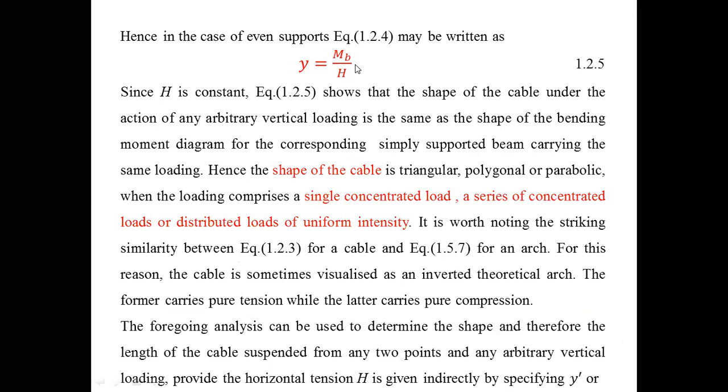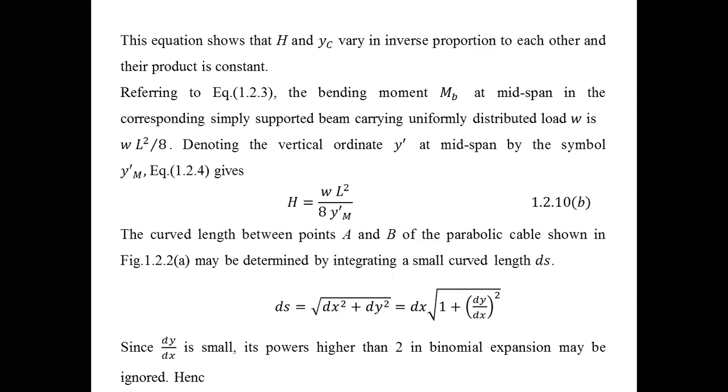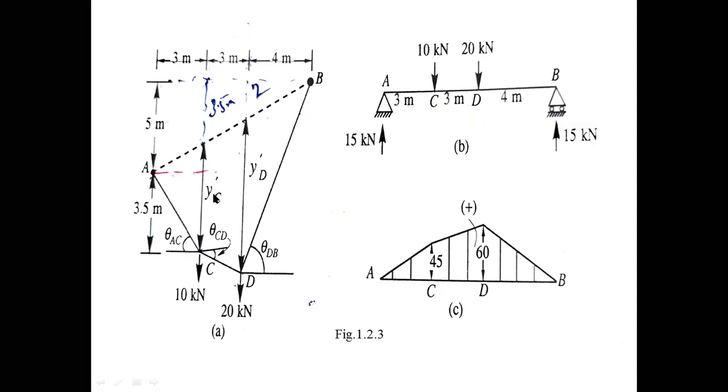So you first find YC dash and YD dash. This 3.5, which is a vertical ordinate measured from support A to C, is used to determine YC dash.